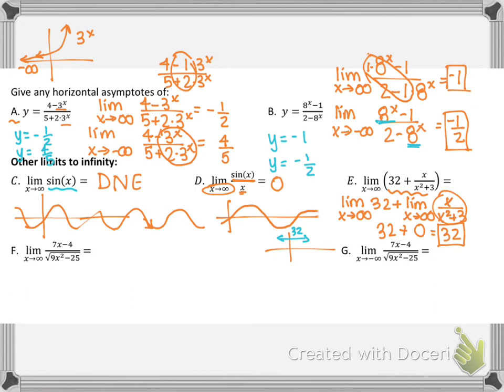Okay, F. What a lot of students want to do with a problem like this is square root both terms. That's not correct algebra. You cannot square root both terms if you have a plus or a minus sign here. You could only do it if you had two terms that were multiplied together, like 9 times x squared.